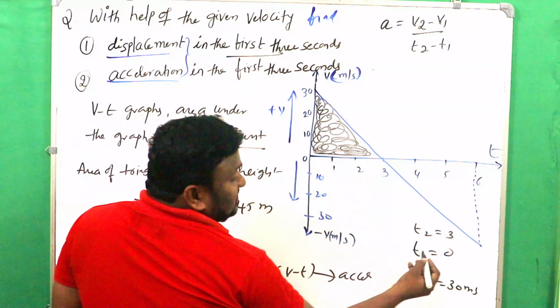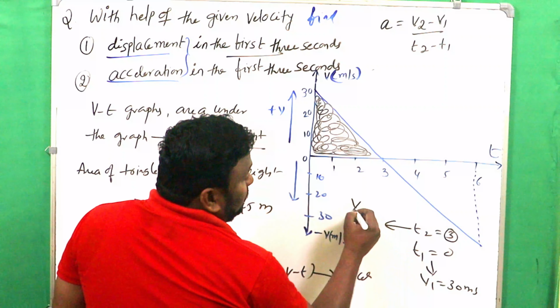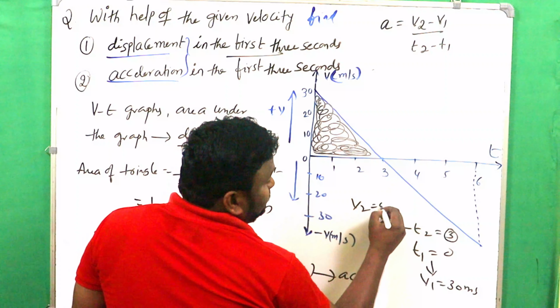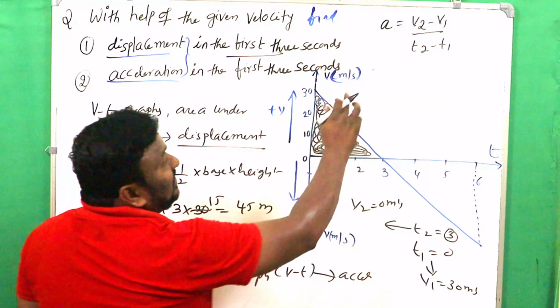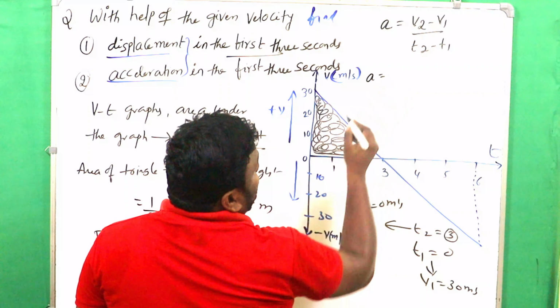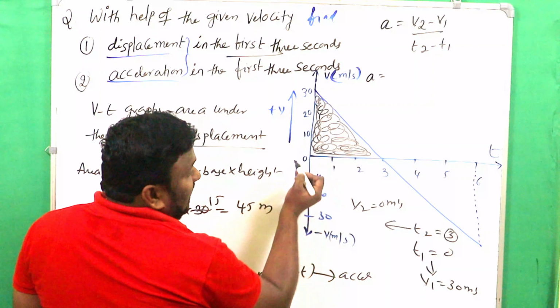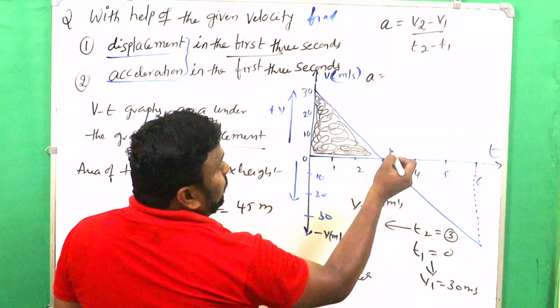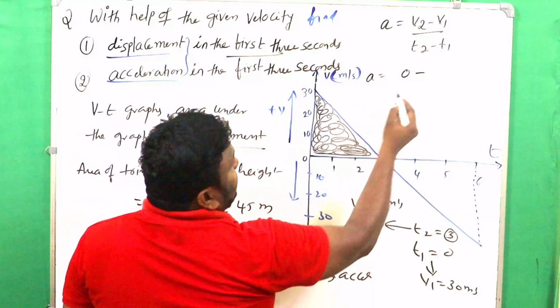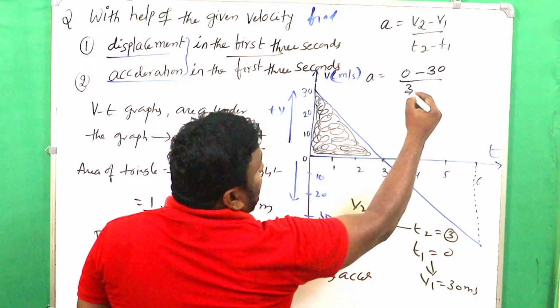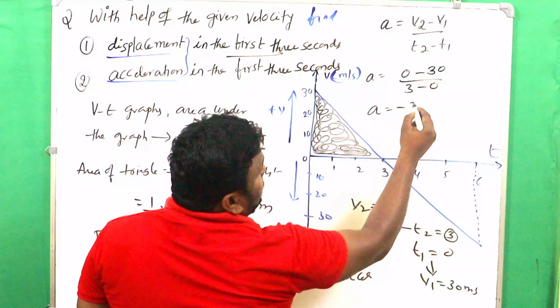When t is 3 seconds, the velocity is 0 meters per second. Now you substitute the values and you get the acceleration. a equals v2, the velocity at 3 seconds, which is 0, minus v1, which is 30, by 3 minus 0. Then a equals what?